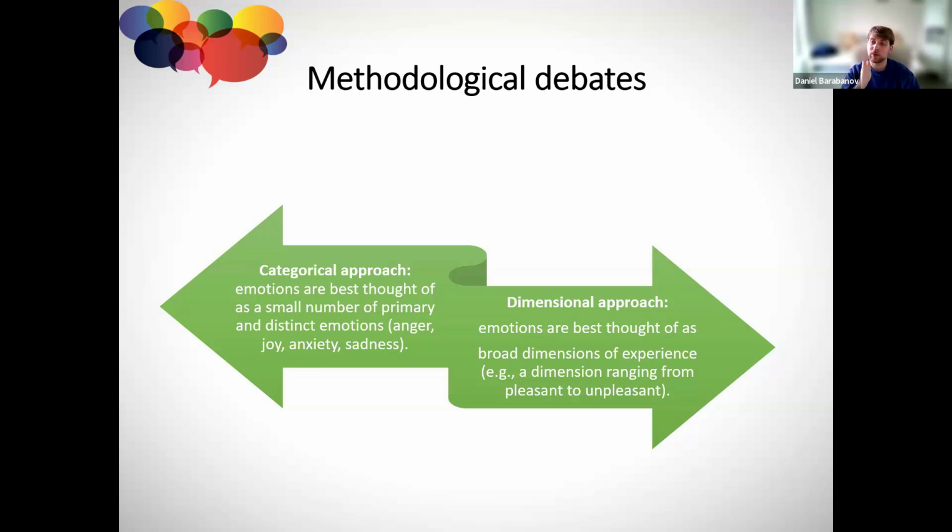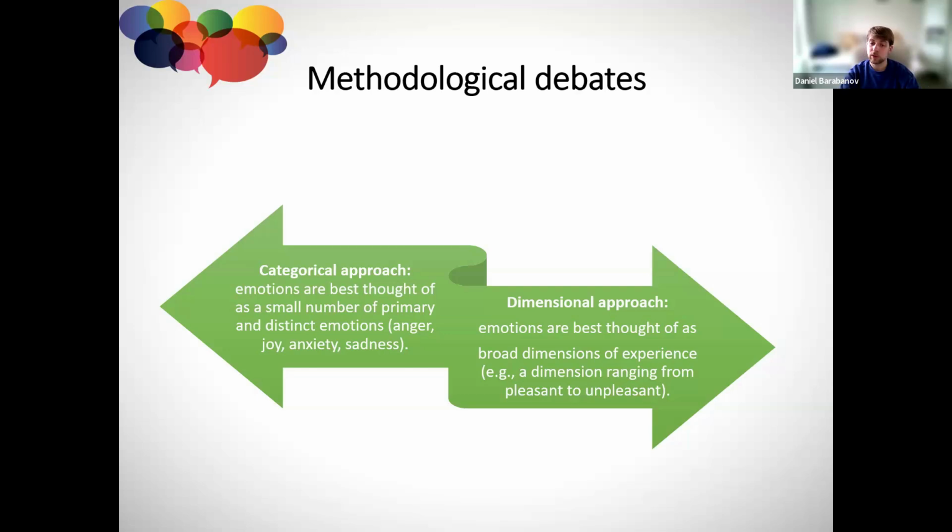There are several distinct emotions, joy, sadness, anger, disgust, fear, and they kind of exist, and they are very separate from each other, and we can clearly distinguish where one emotion is and where another is.